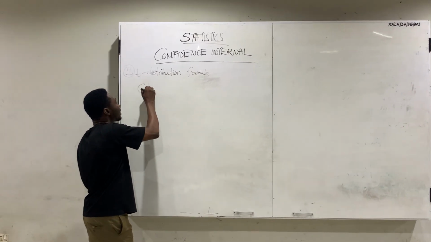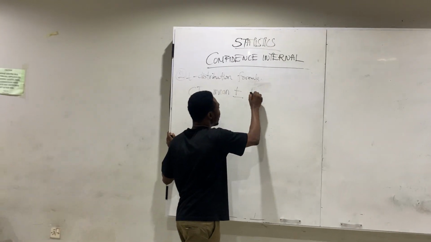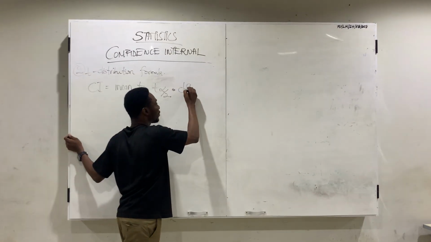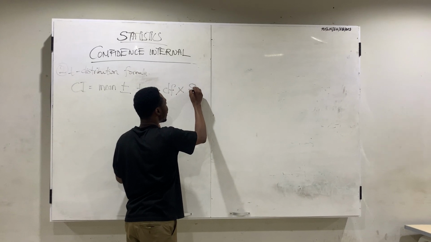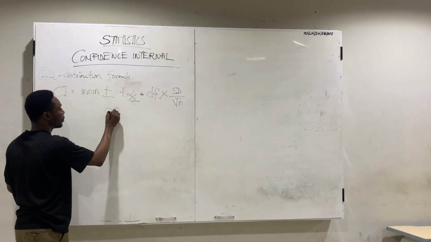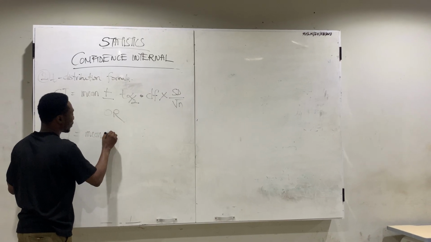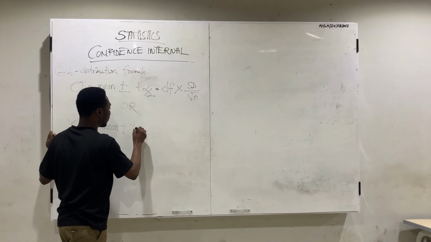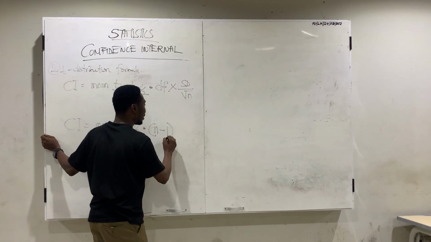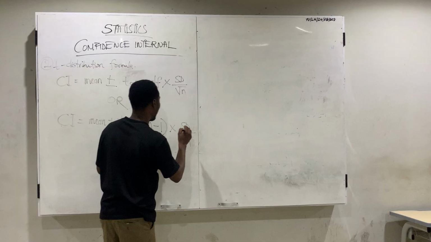With the T distribution formula, CI is equal to mean plus or minus t alpha over 2 by df multiplied by standard deviation all over square root of n. Okay, or CI is equal to mean plus or minus t alpha over 2 by into brackets n minus 1, close the bracket, multiplied by standard deviation all over square root of n.